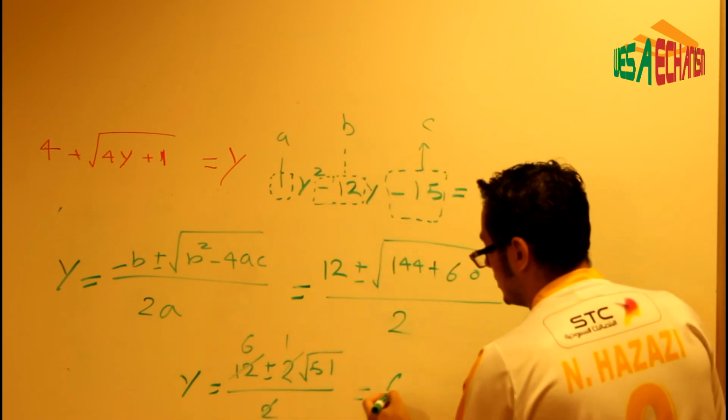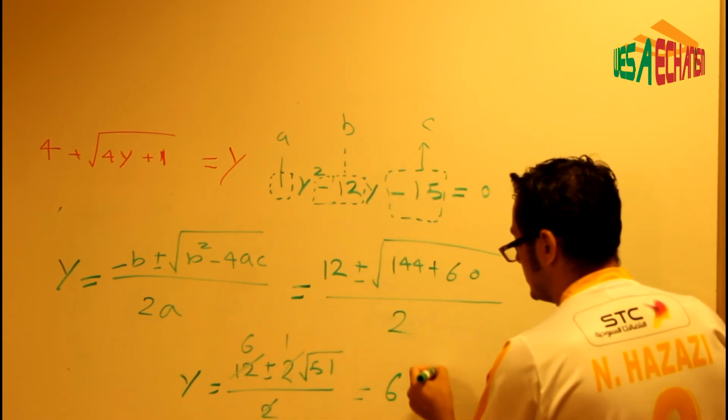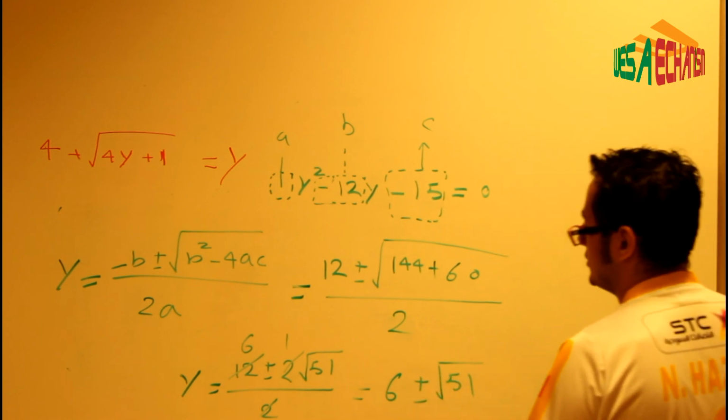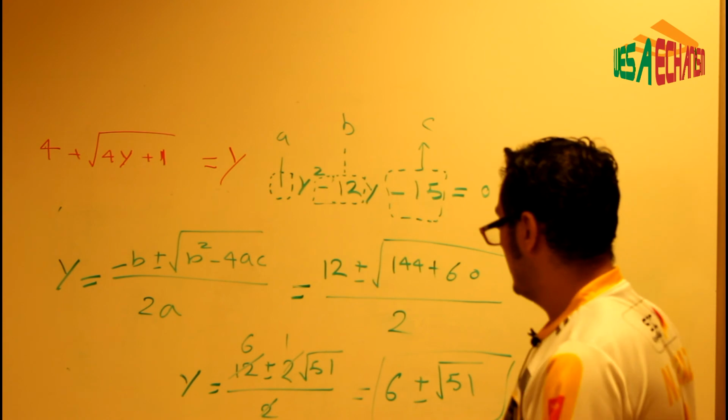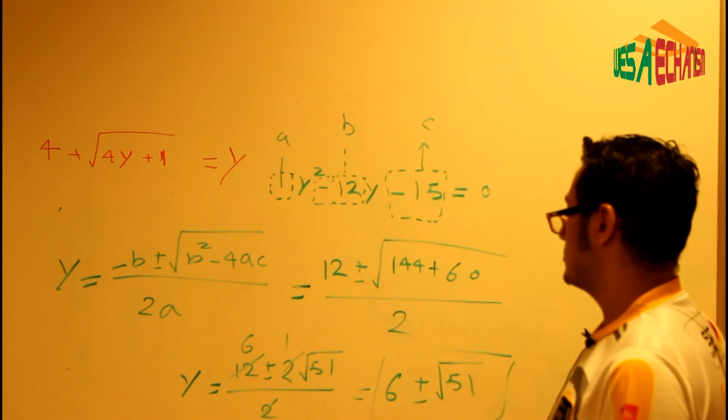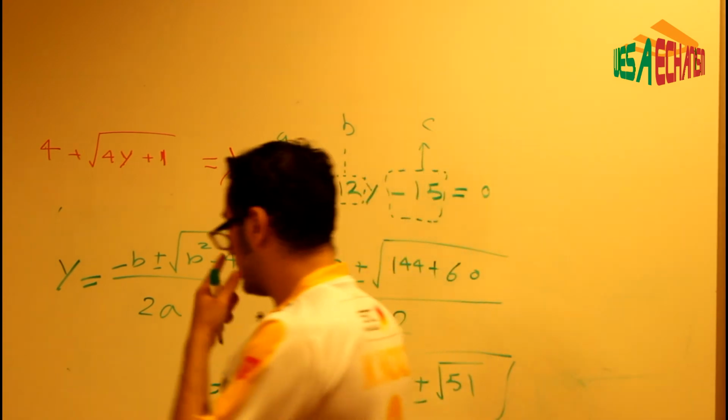So it's going to be 6 plus or minus square root of 51. So we have two answers, y equals 6 plus square root of 51, or y equals 6 minus square root of 51. This is how to solve for y. Let me know if you have any questions.